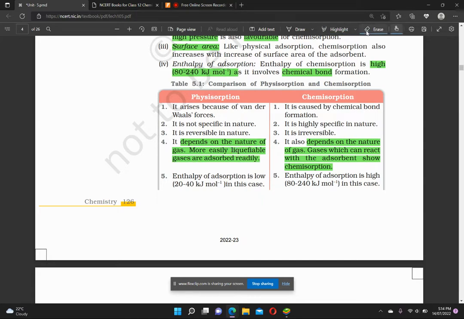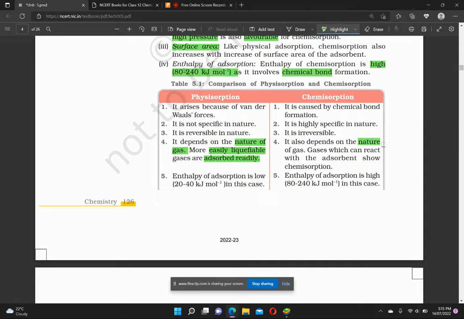It's better if I just erase the whole thing and write depends on nature of gas. So you just underline nature of gas and easily liquefiable, adsorbed readily.